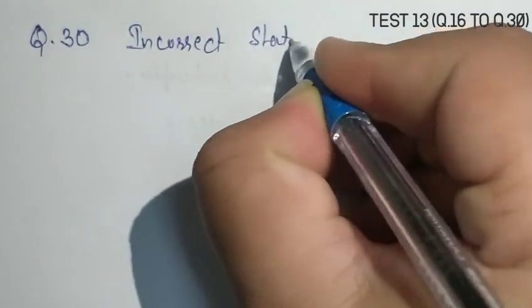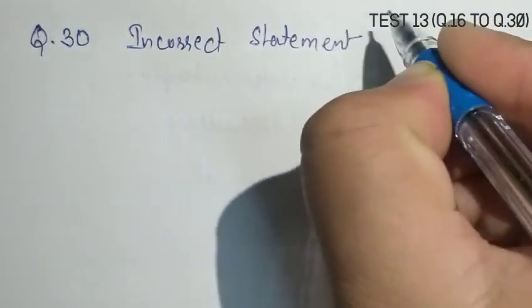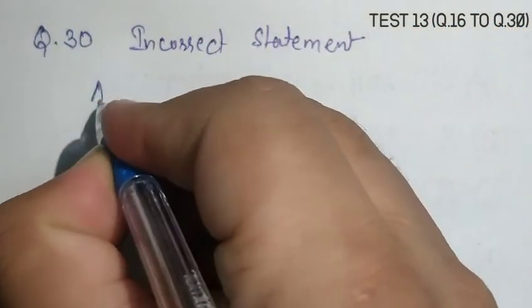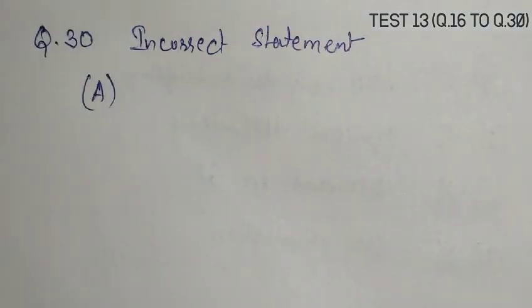Question number 30. Which is the incorrect statement? A: semilunar valve is present in the opening of the artery of the heart which comes out.